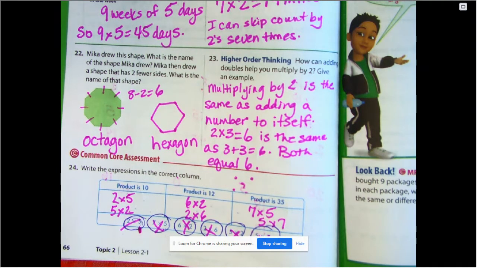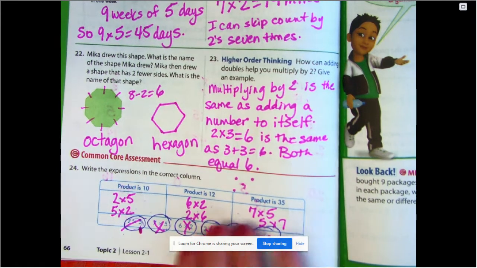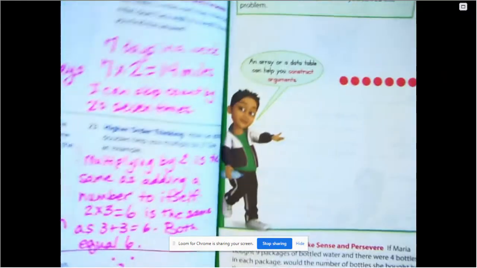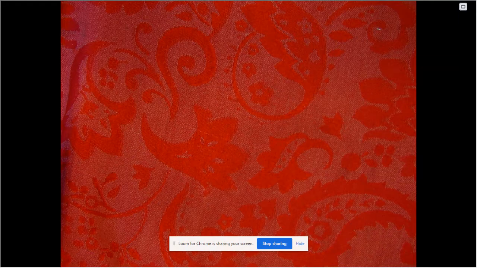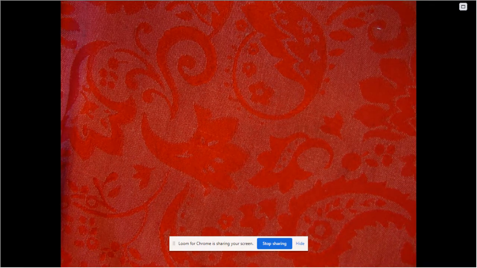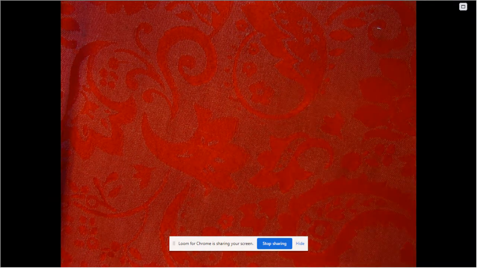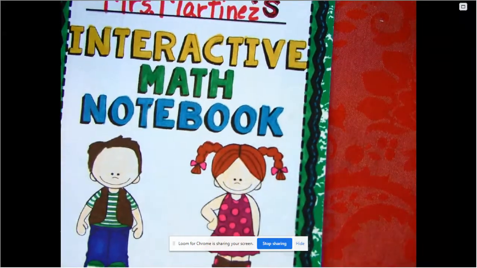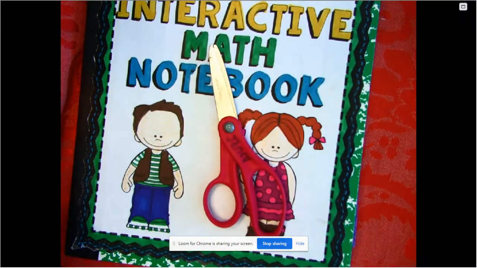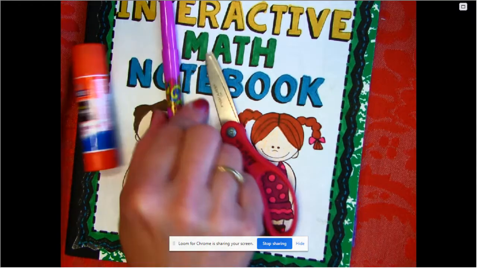All right, make sure you have all of this corrected, and we will do lesson 2.2 tomorrow. But if you would do me a favor and please grab your math interactive notebook and some scissors and glue and something to write with.